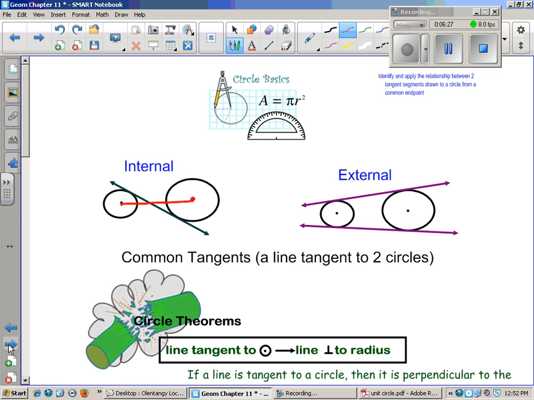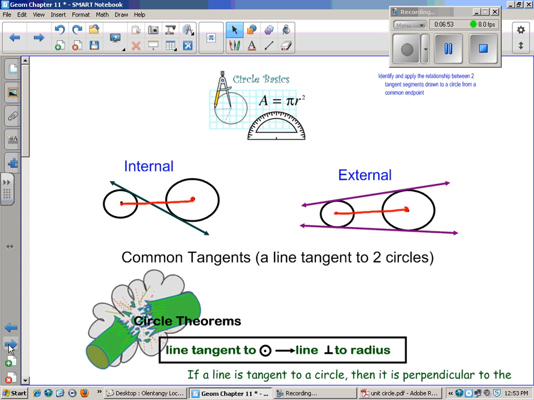Okay? Whereas if I connected the centers of these circles, see how the external tangent lines, they wouldn't cross it, right? They'd be on the outside. There's two different ones. There doesn't have to be two. I just gave you two different kinds. Does that make sense? Internal crosses that line that connects the centers. External doesn't.